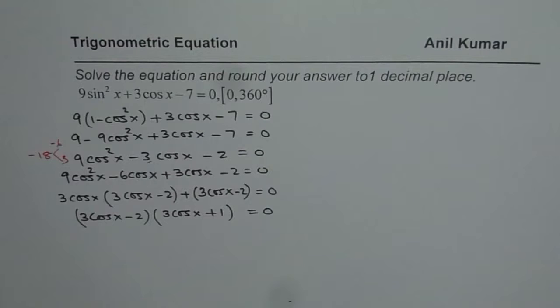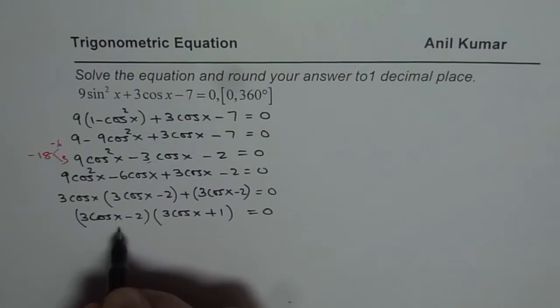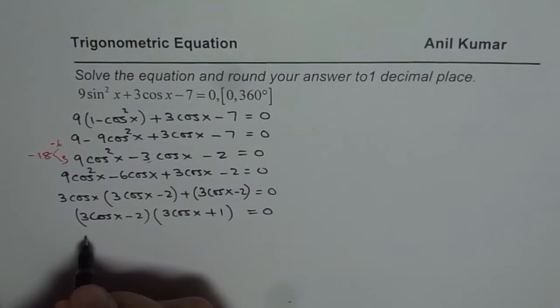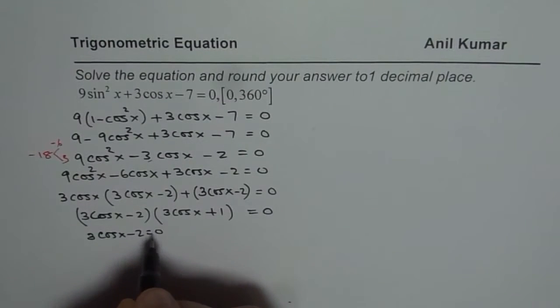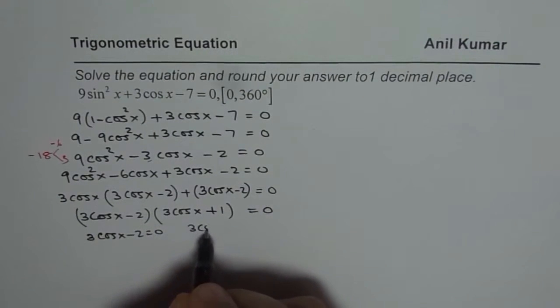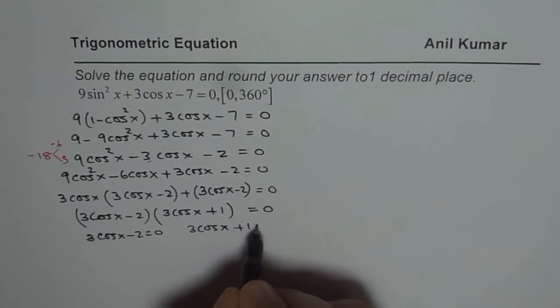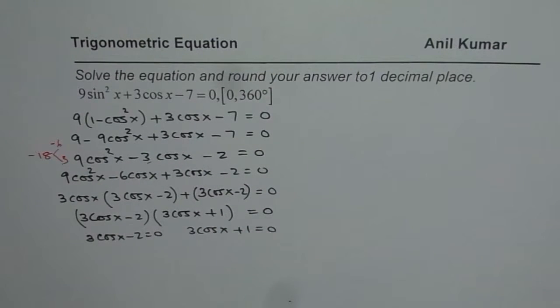Now to solve this equation, either one of these factors could be 0. So we have 3 cos x minus 2 equals 0, or we have 3 cos x plus 1 equals 0, right? So we need to solve these two equations.